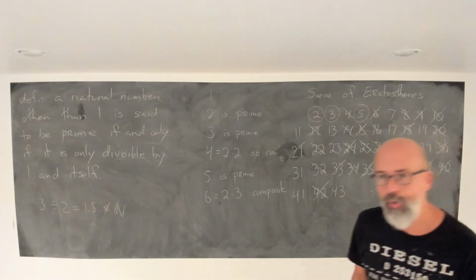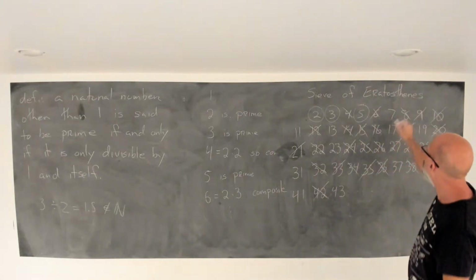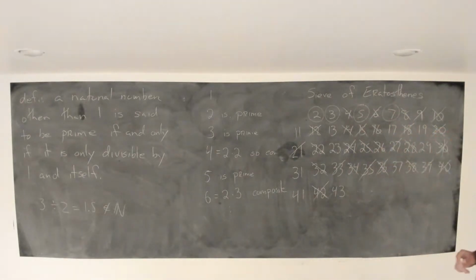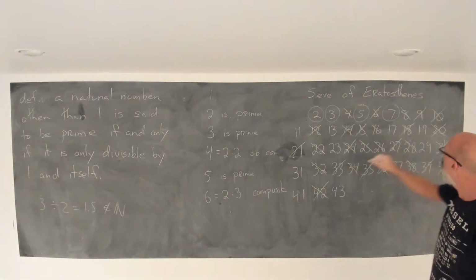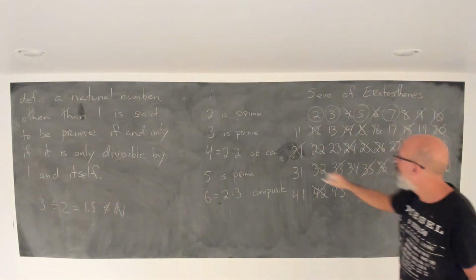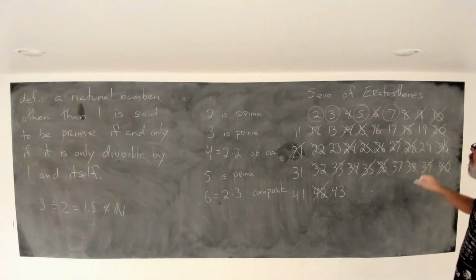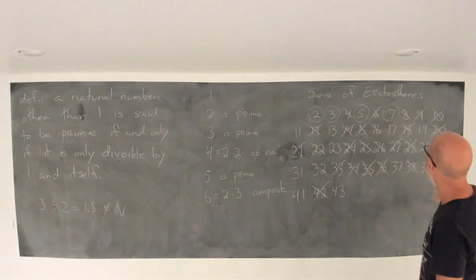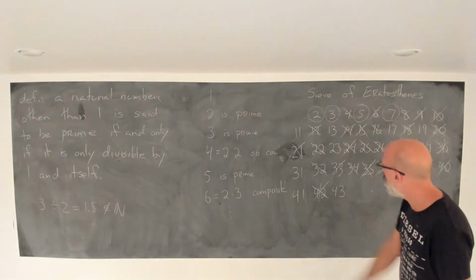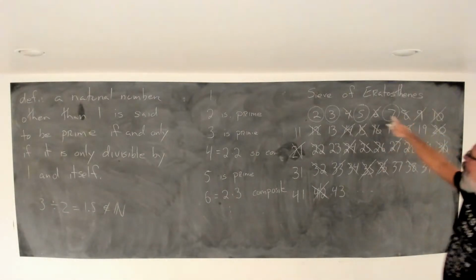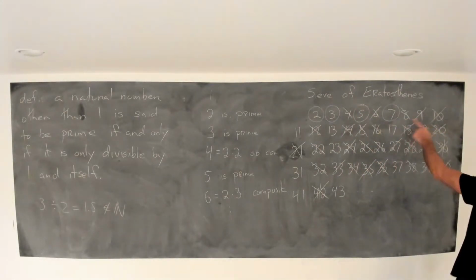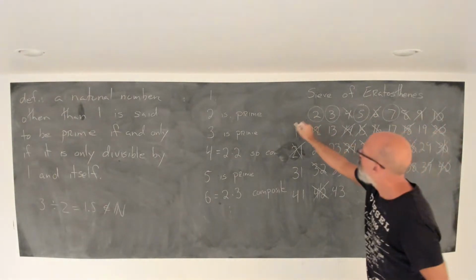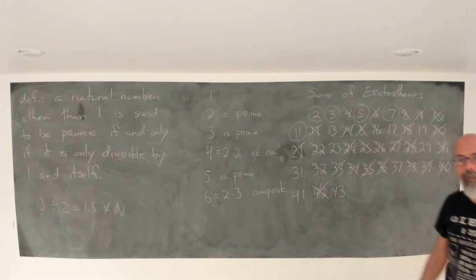The next smallest number is prime. Remove multiples of 7, so 14, 21, 28, 35, 42. Next smallest number is prime. Right? I mean, all of these have been crossed out. 11 remains.